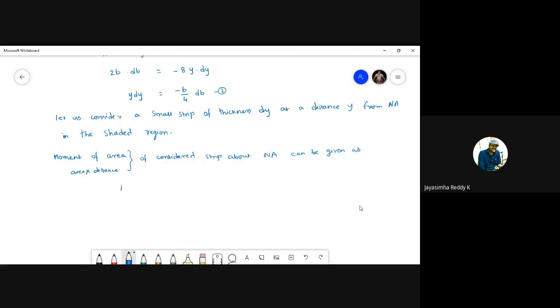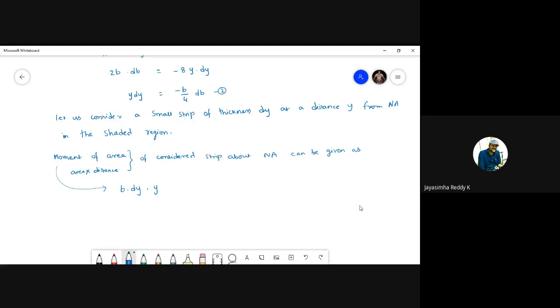Area is b multiplied by dy. Is it right, students? So dy is the thickness, b is the width. So the area of that particular rectangle will be b into dy, and distance is y. So I can write it like this, right? So moment of area can be written as b dy into y.